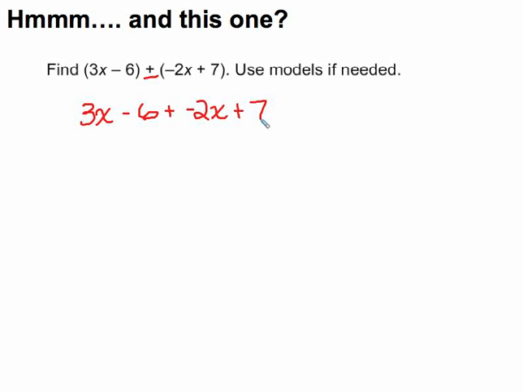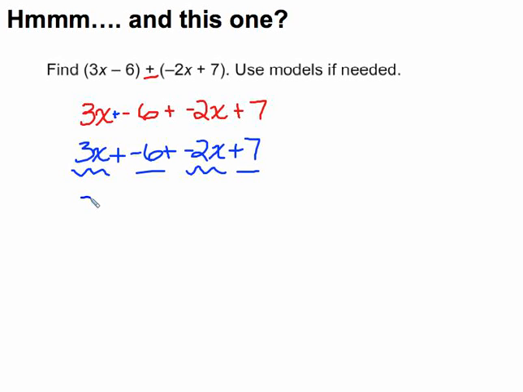I'm going to come through really quickly and keep change right there. That gives me 3x plus negative 6 plus negative 2x plus 7. Squiggles go with squiggles and straights go with straights. So that gives me 3x plus negative 2x plus negative 6 plus 7.